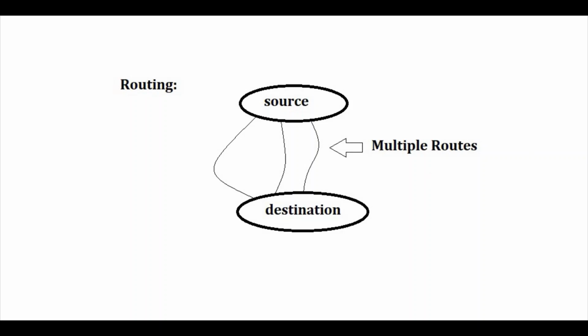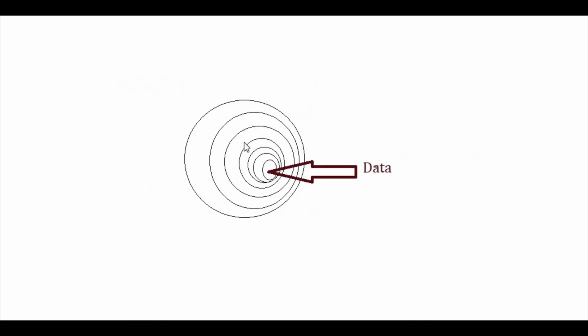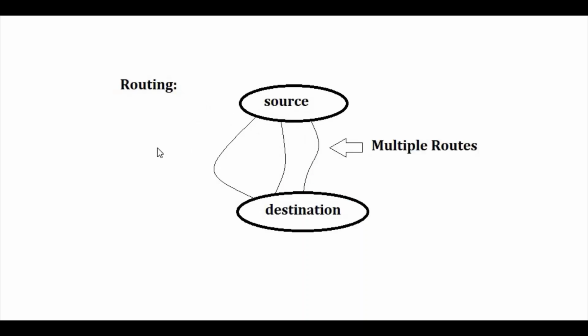Now, because of this layering, these routers will not really know anything about the sender of the data or the actual data, right?